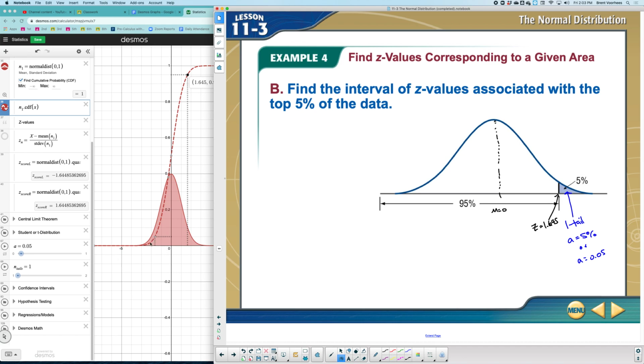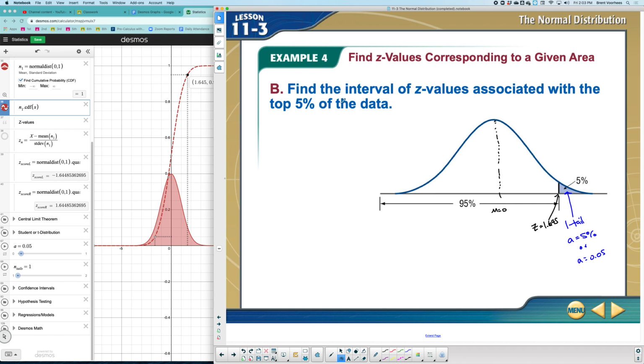If you wanted the 5% on this side, that would be your number, negative 1.645, is how they ran it to the nearest thousandth. But to the nearest hundredth, it would be 1.64. And then the same occurs for the positive side. If you want the top 5%, that would be your z value. So, you know how they normally list it.